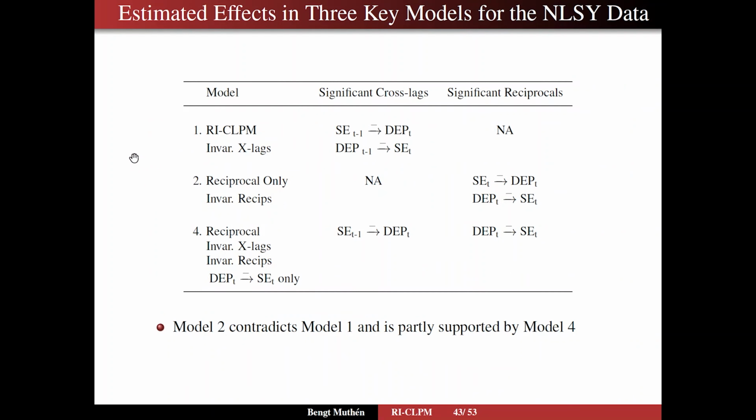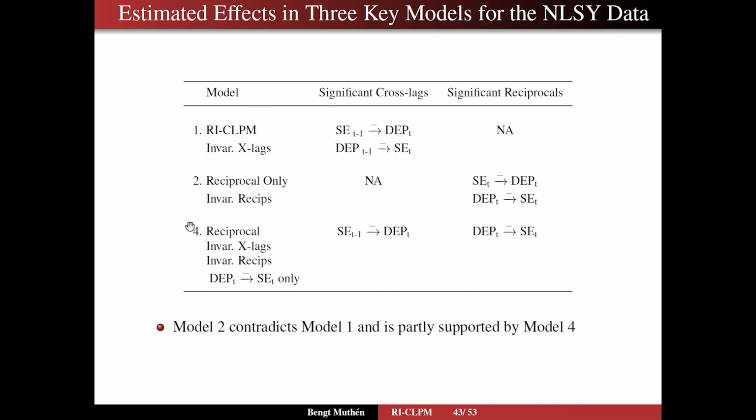So here, for the NLSY data, the conventional model has cross-lagged effects in both directions. They're negative. As self-esteem goes up, depression goes down, and vice versa. The reciprocal-only model, however, moves those effects over to lag 0, contemporaneous effects, reciprocal effects, of the same sign, but nevertheless not with a lag 1.